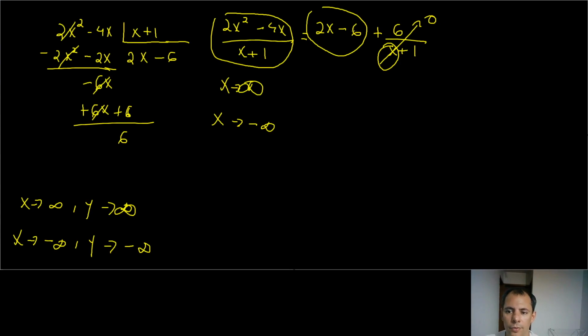Since it's going to approach 2x minus 6, it's going to be 2 times minus infinity minus 6. All this is a negative number. So we know that when x approaches infinity, y will go to positive infinity. We've seen this here already. I'm just trying to link up these two pieces of information. I'm trying to connect the dots. And when x approaches negative infinity, then y is going to approach negative infinity. Now I'm going to show you the graph.